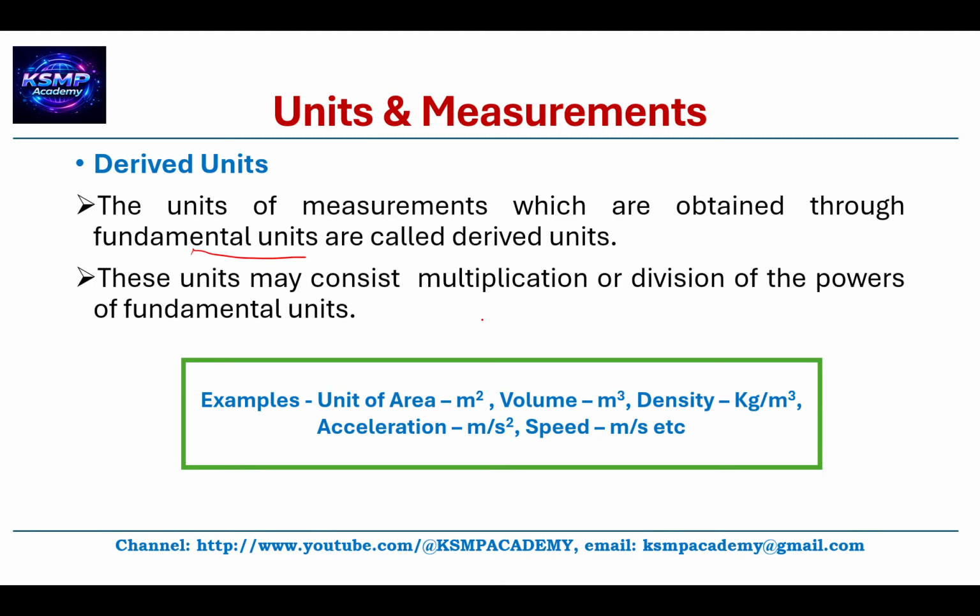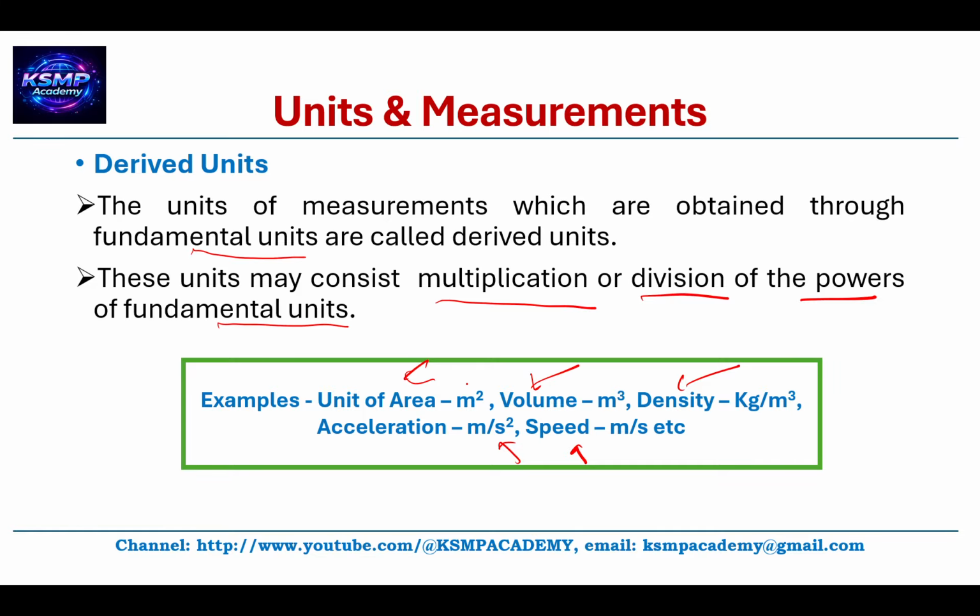For example, you see here some units written for area, volume, density, acceleration, speed, etc. As you can see, derived units involve multiplication or division of powers of fundamental units. So it is clear that derived units are obtained from the fundamental units.